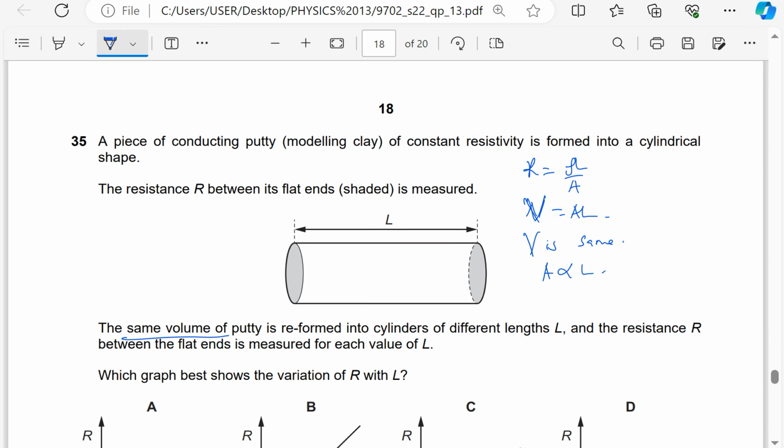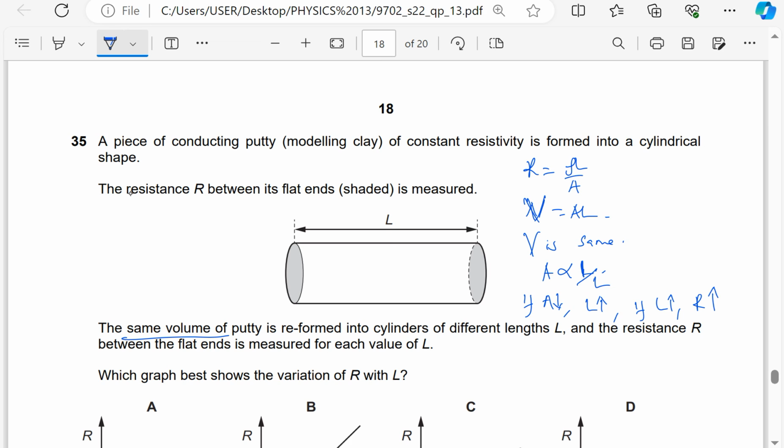If area is decreased, the length must increase, and if L increases, then the resistance must increase. Because the area times the length must be the volume, if the area decreases, the length must increase so that the product is always the same.